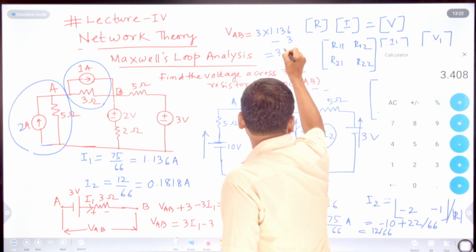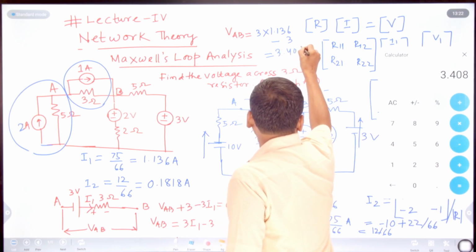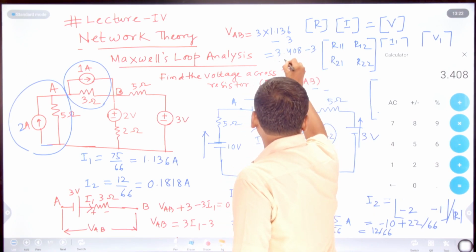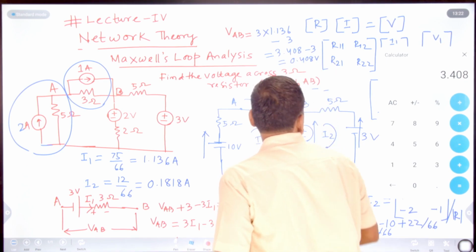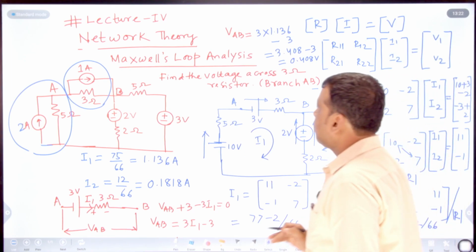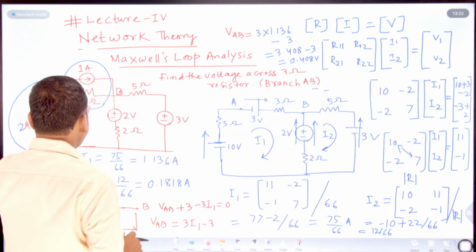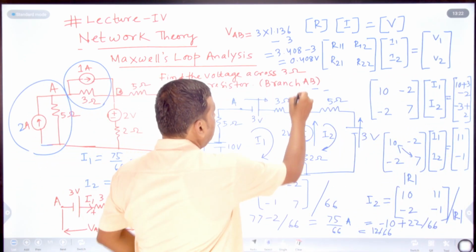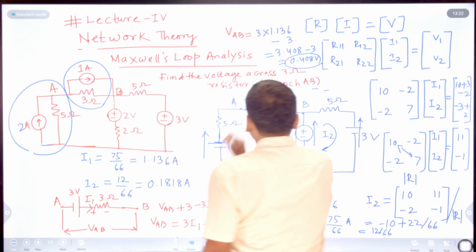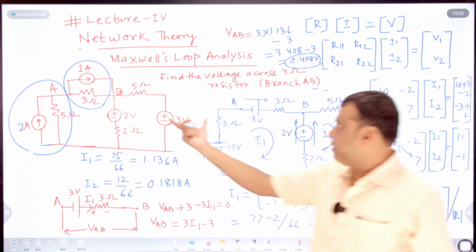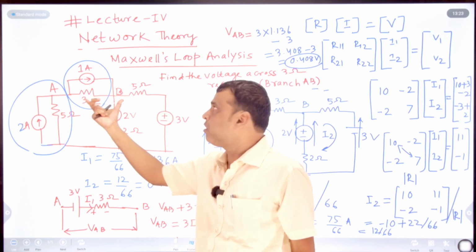So 3.408 volt minus 3, the value becomes 0.408 volt. So the voltage across AB, VAB, equals 0.408 volt. The voltage across the 3 ohm resistor is 0.408 volt.